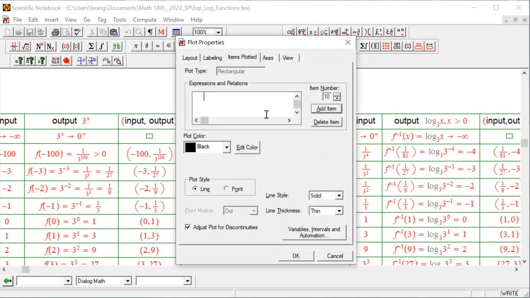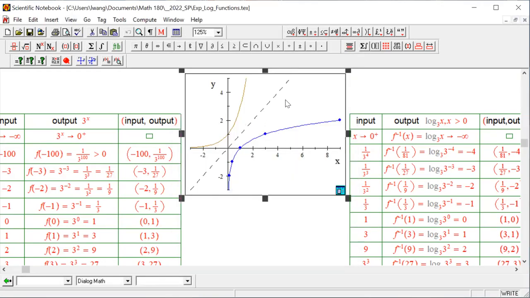And if I draw the line y equals x, it's symmetrical with respect to y equals x again, and we still see that correspondence.